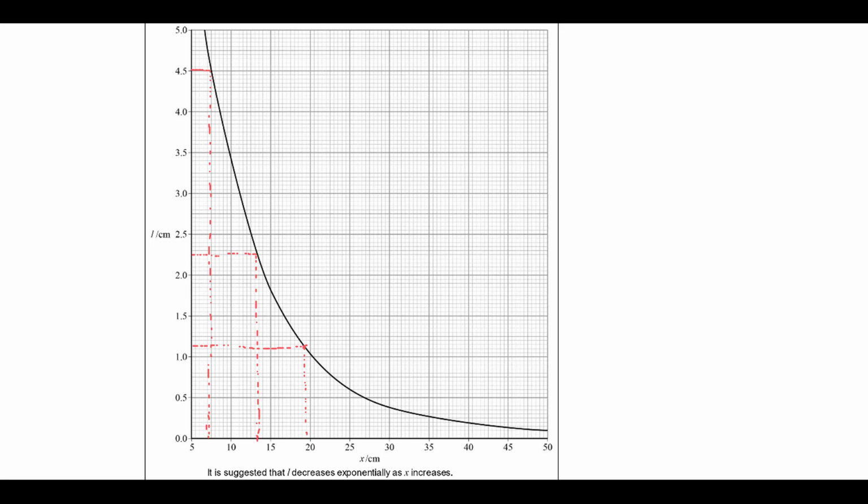That's going to be 0.56. It's about here. So let's have a look at the half-life in each case. So this is 25.5, that's 19.5. So we've got a half-life of 6 in here.